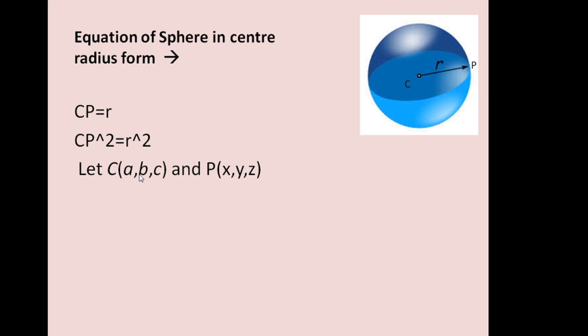Suppose C has coordinates a, b, c and P has coordinates x, y, z. Then by using the distance formula, CP square equals r square becomes (x minus a) whole square plus (y minus b) whole square plus (z minus c) whole square equals r square. This is the equation of sphere in center radius form.